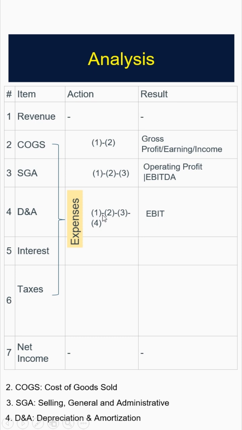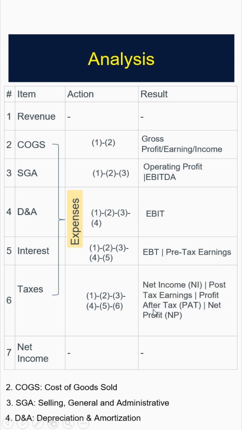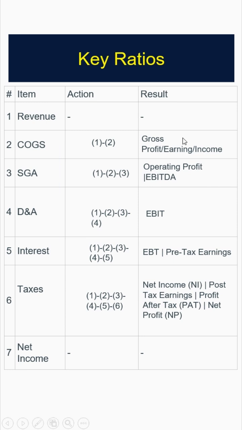Here, EBITDA is earnings before interest, taxes, depreciation, and amortization. And when we subtract up to 5 from 1, we will get earnings before taxes, EBT, or we also call it pre-tax earnings. If we subtract up to 6 from 1, we get net income, also known as post-tax earnings, profit after tax, or net profit. So that is the overall analysis of how we arrive at different kinds of incomes on an income statement.